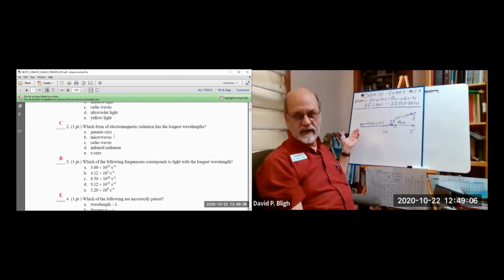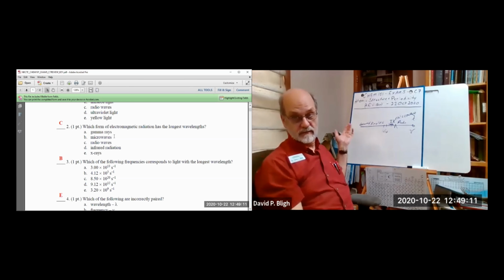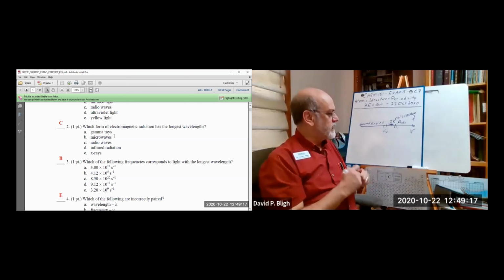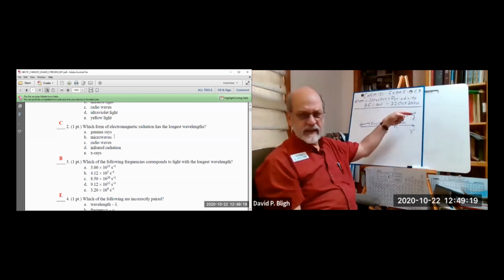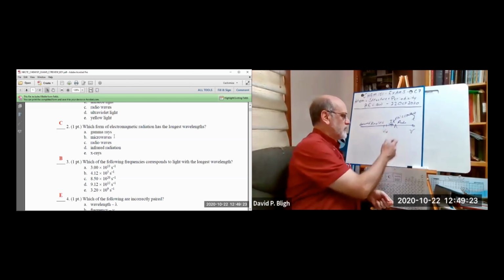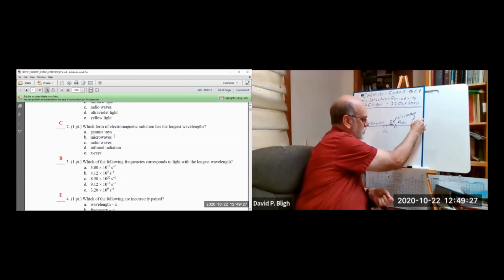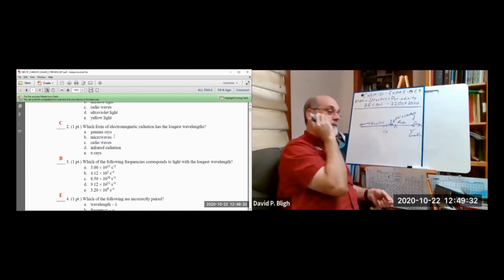Gamma rays, they'll have wavelengths that are measured in fractions. Very small fractions at that. And while we're here, as the wavelength gets bigger, the frequency gets smaller. They're inversely proportional. So the frequency would get larger in this direction, and smaller in that direction.